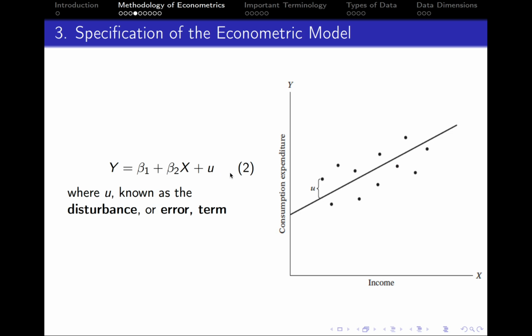Anyway, I will discuss this term in more detail later during the upcoming lectures, but for those who are interested, I will give a quick interpretation of it. So if we look at this graph, you will see that the line, this is the graph of this mathematical model without u, obviously. So this is, we can say, the predicted values of y based on the value of x and this equation.